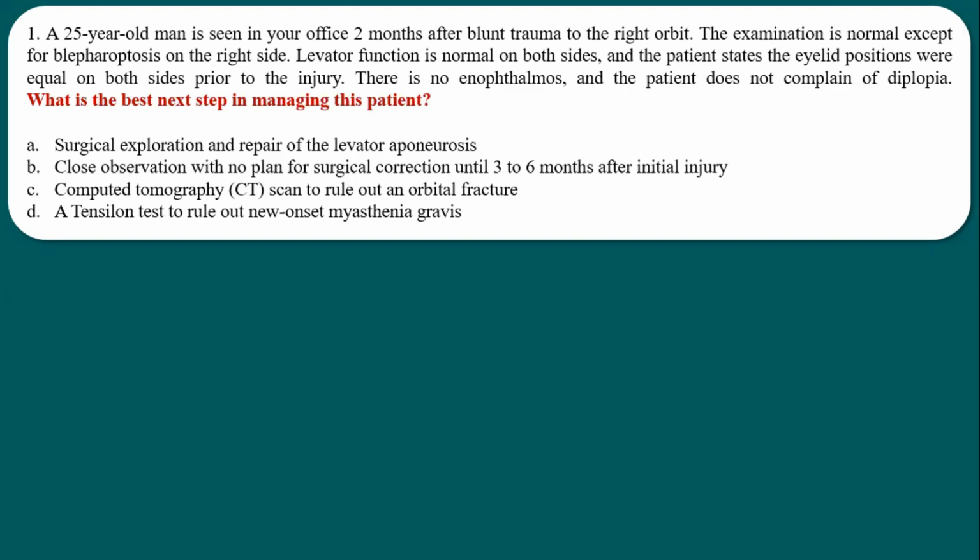What is the best next step in managing this patient? Surgical exploration and repair of the levator aponeurosis. Close observation with no plan for surgical correction until 3 to 6 months after initial injury. Computed tomography scan to rule out an orbital fracture. A tensilon test to rule out new onset myasthenia gravis.